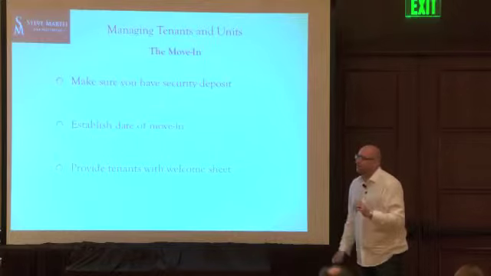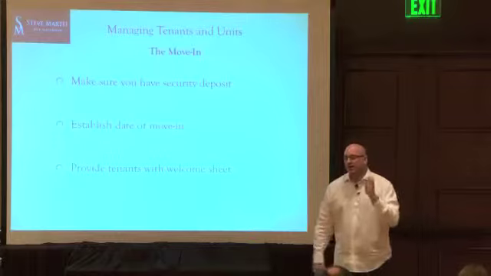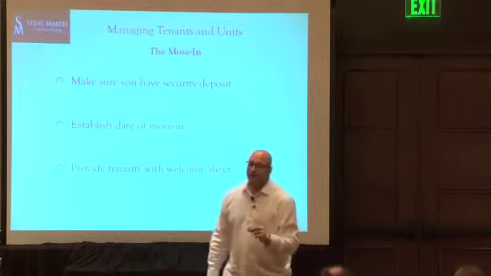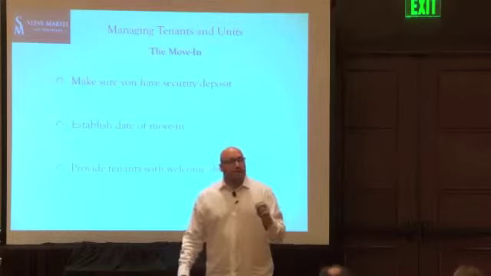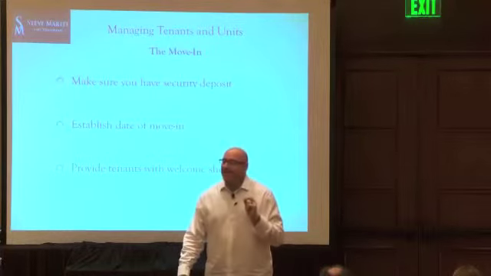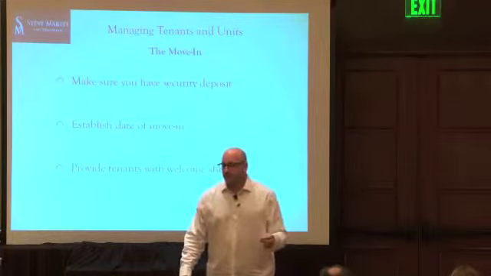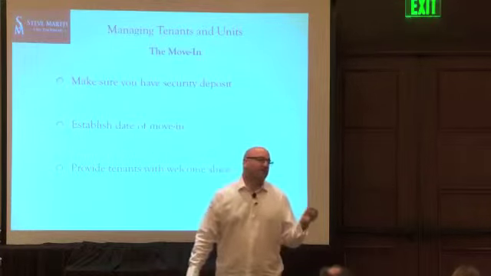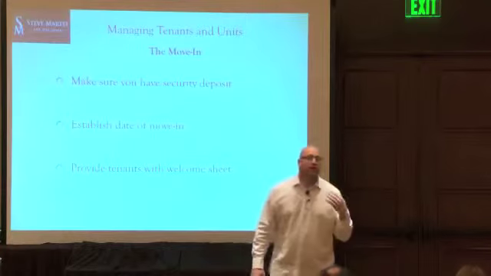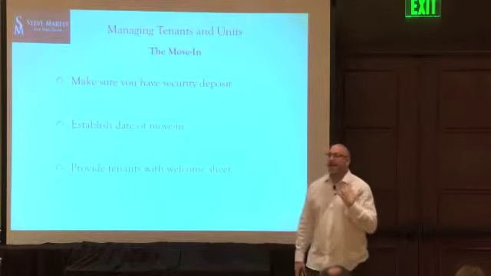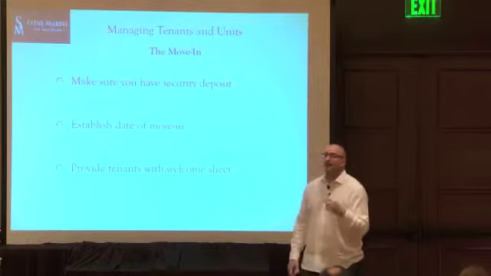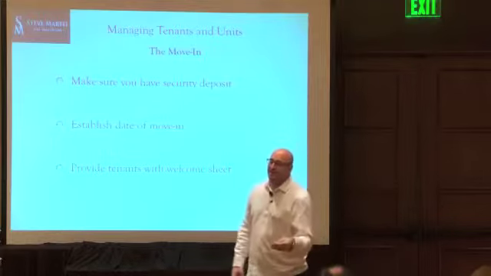I also, and this is something we haven't really talked about, think this should be in your lease and on the welcome sheet: you should recommend to that tenant that they get renter's insurance. Renter's insurance is going to cover their personal contents in that apartment unit. The liability insurance I have on the house or the apartment building will not cover their personal contents.